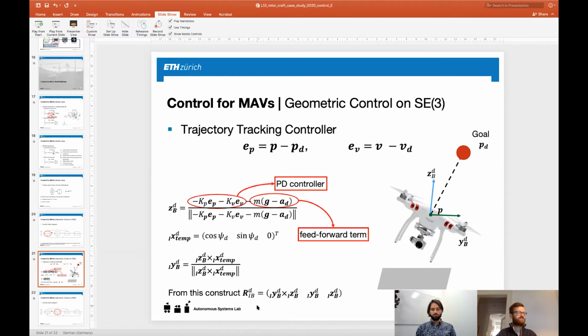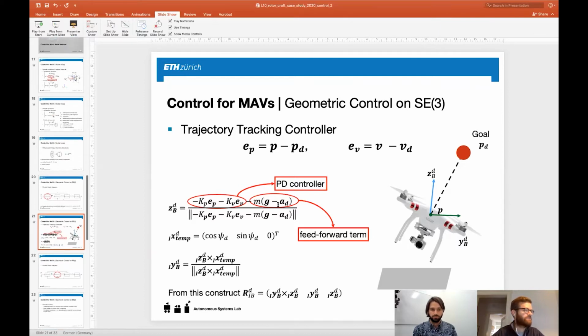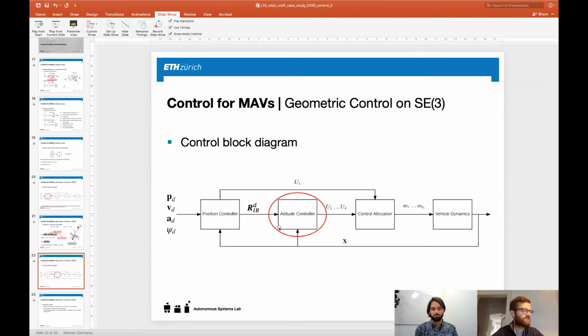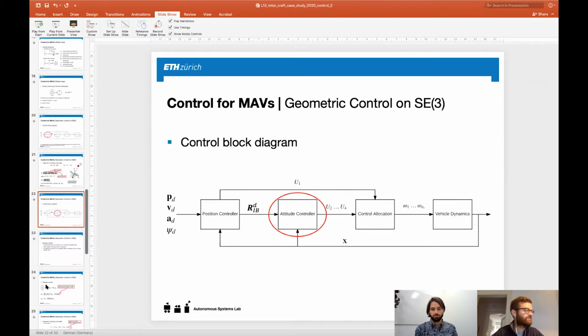So this seems quite complicated, but we only do this to have a rectangular or orthogonal system for x, y, and z. Yeah, so basically by the position controller, we create the reference attitude built together by x, y, and z, which is then fed to the attitude controller.